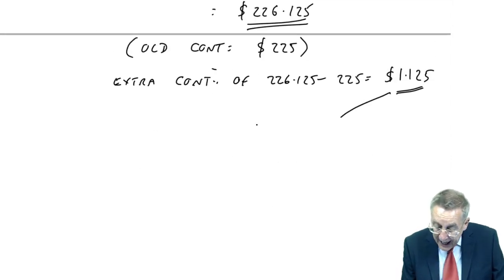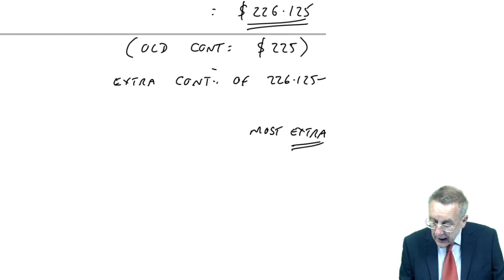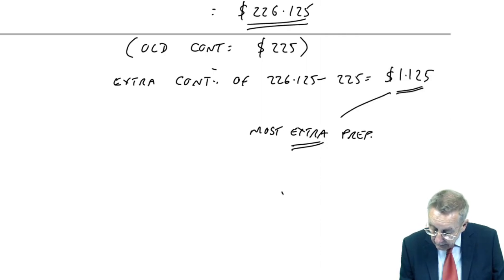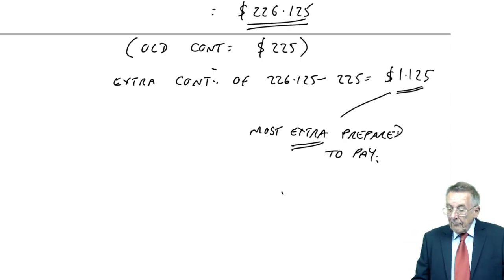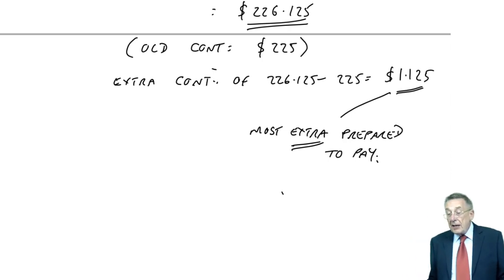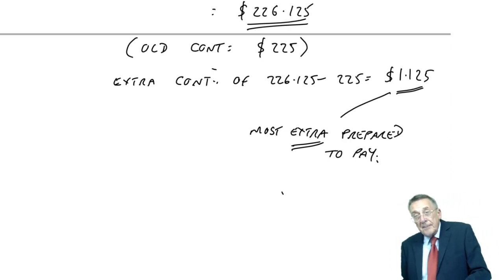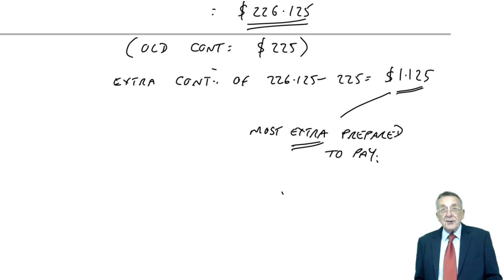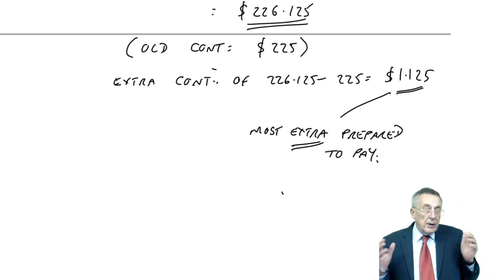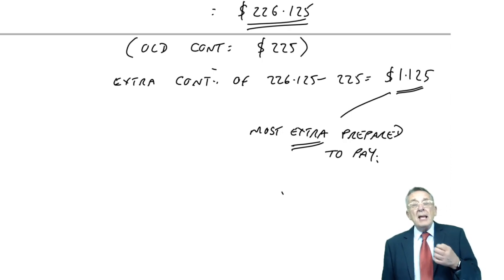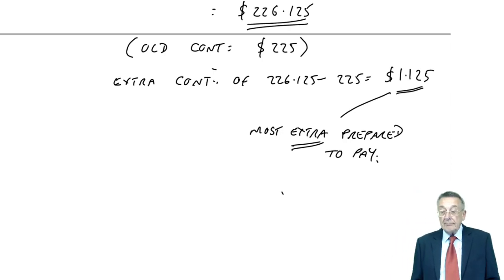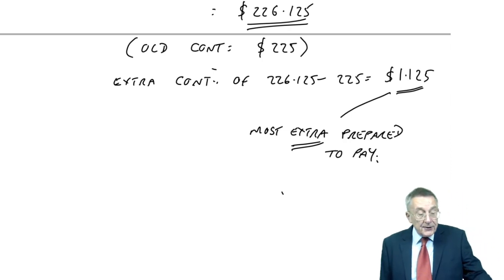That is the most extra that we're prepared to pay. So if we were currently paying $5 a kilo, we're prepared to pay up to $6.125. If we can buy an extra kilo for less than that, we will end up with extra contribution. If an extra kilo costs more than that, it wouldn't be worth buying. So I hope that makes sense.